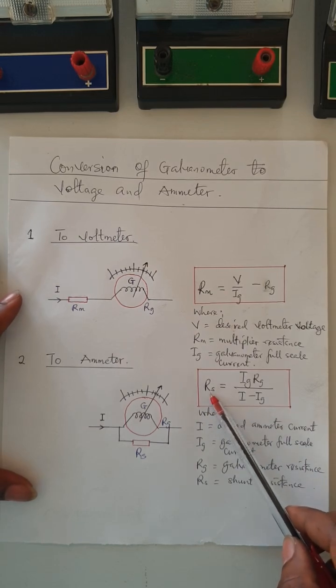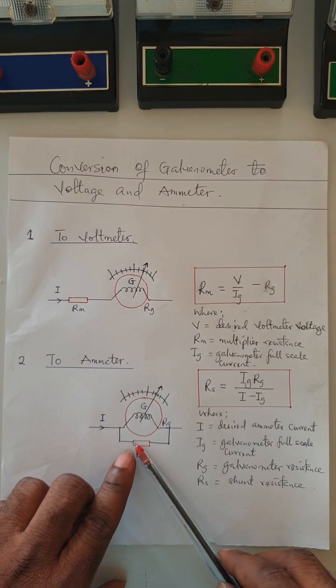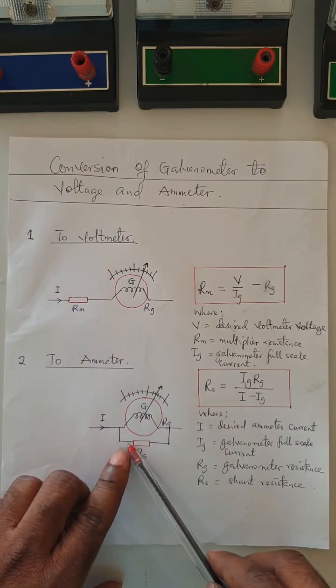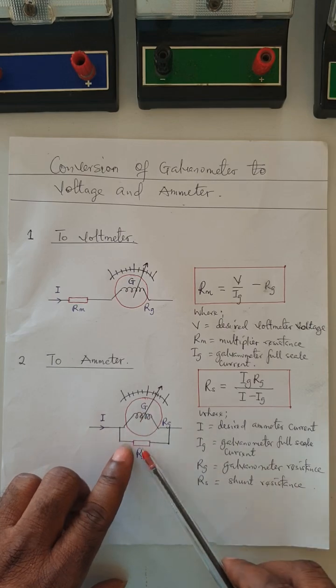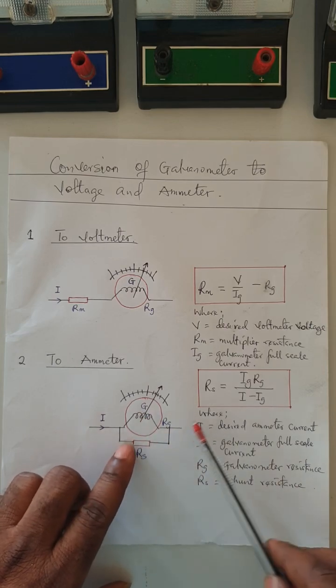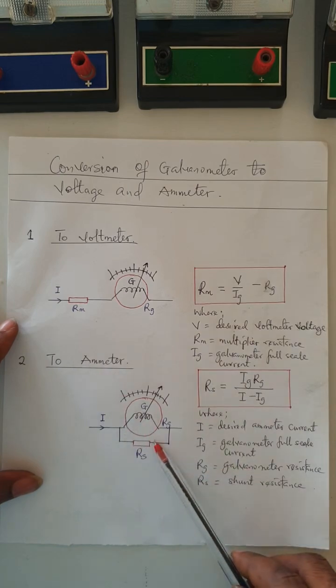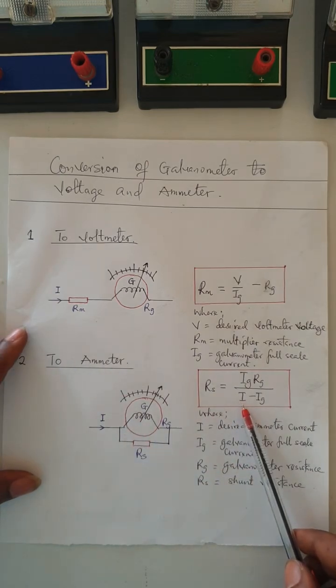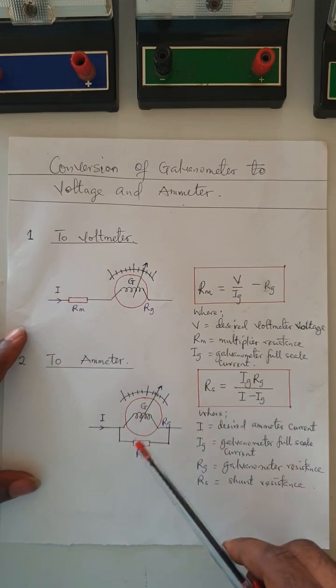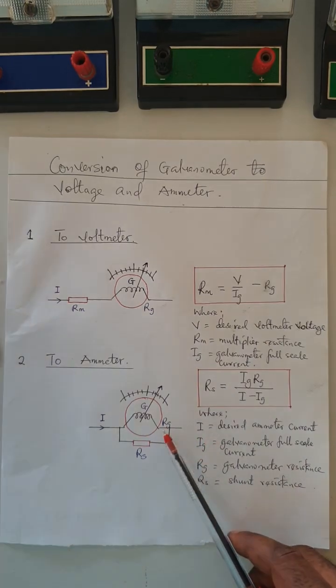If we should now carry that value of resistance and plug it in parallel with the galvanometer, that galvanometer has now been converted into an ammeter that reads this certain current for us. So this is how we convert a galvanometer to an ammeter.